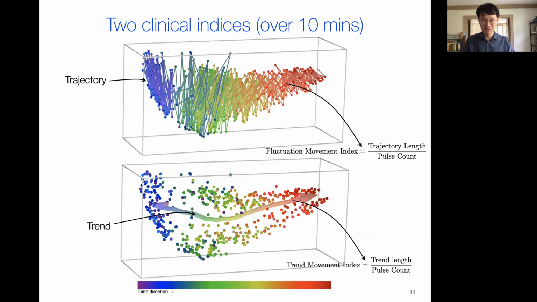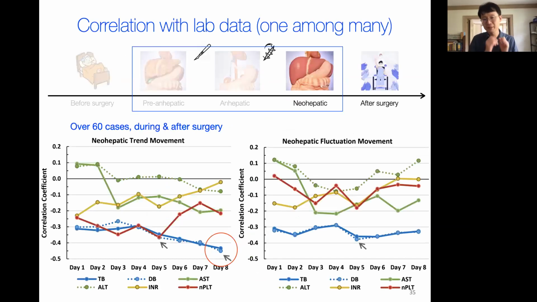So we consider some clinical indices that physicians could easily accept and apply. One we call trend, one we call fluctuation. And we can see that the trend information provides useful prediction power before your wound is closed during the surgery for the outcome 8 days later after the surgery.